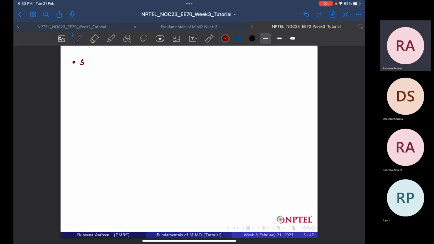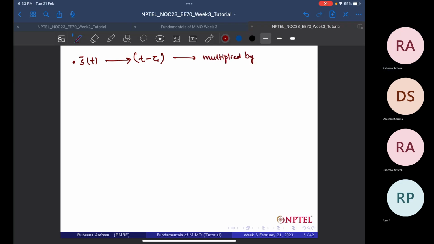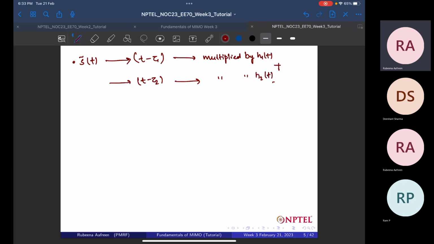We can say that at the transmitter we have a signal s(t) which is generated at the time t minus τ1 and is multiplied by h1(t). Then it is added to another signal s(t) that is generated as t minus τ2, and then it is multiplied by h2(t) and so on.